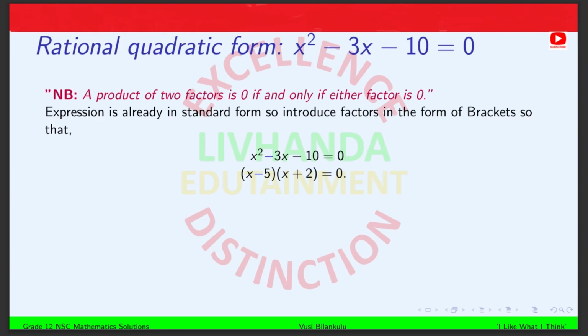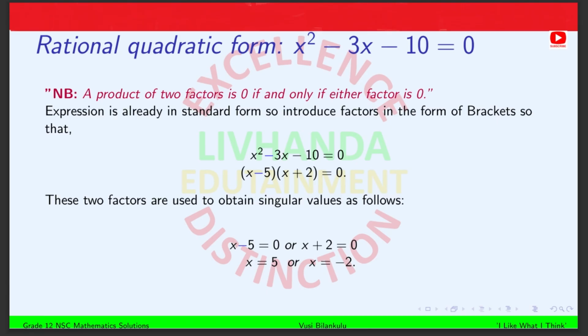A quadratic equation has at most two factors. In this case, the first factor is x minus 5 because the middle term had a negative sign. The second factor is x plus 2, so that the product of negative 5 and positive 2 can give us negative 10, which is the constant term of the given quadratic form.